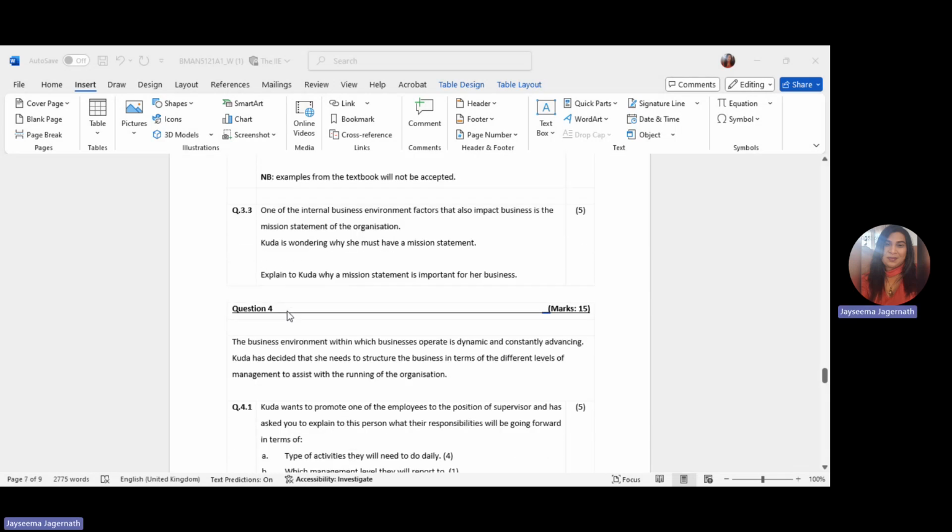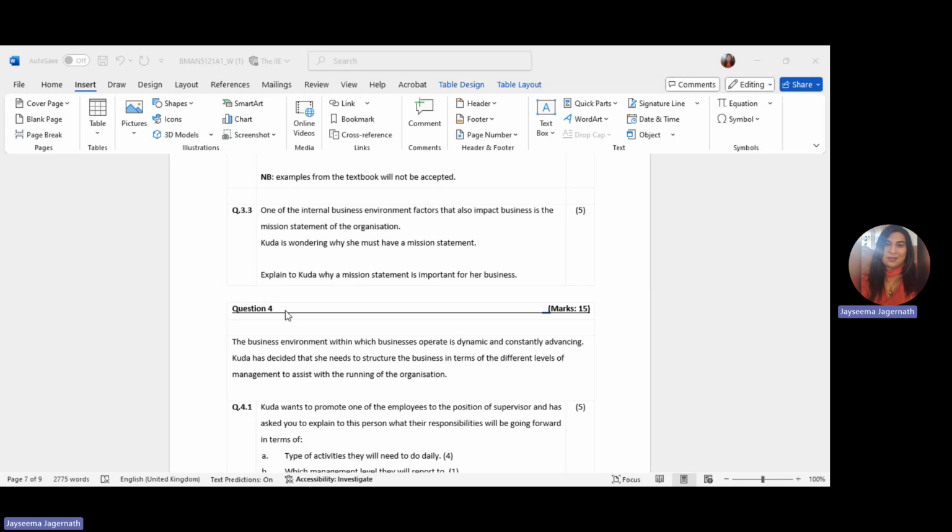Okay, there is a note here that says you may not copy and paste or use examples from your textbook. So again, use your textbook as a foundation for your knowledge and then try to apply it to the case study. And also remember that an assignment requires you to do additional research. So you're going to have to list other academic sources. So please go up and read on it.